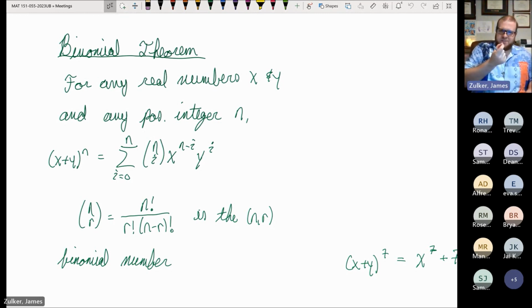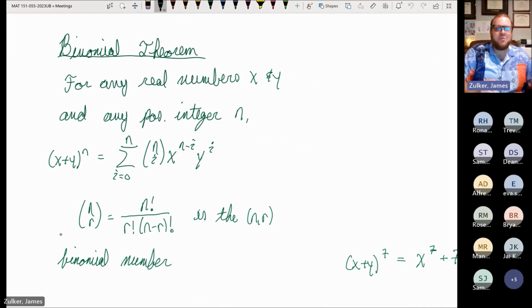The coefficients for each of the terms are binomial numbers. So it'll be the n0, then the n1, the n2, n3, up to the nn. This is the formula for the binomial numbers.